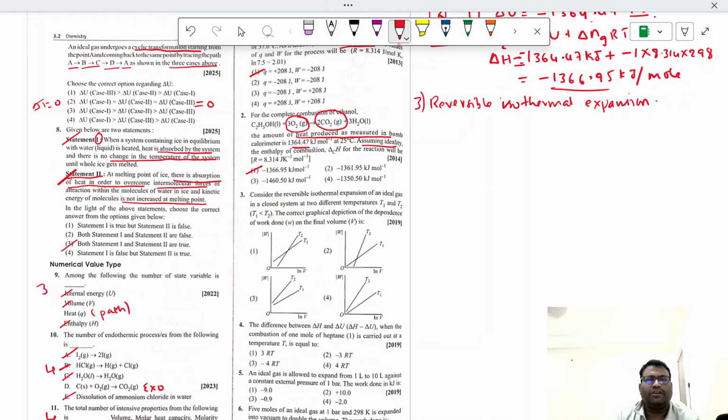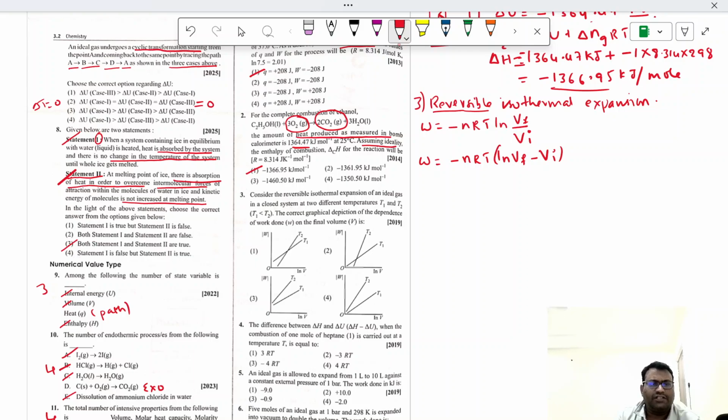We know that for a reversible isothermal process, we have derived a formula: work done is equal to minus nRT log V final by V initial. If you write in detail, W is equal to minus nRT log V final minus nRT log V initial.